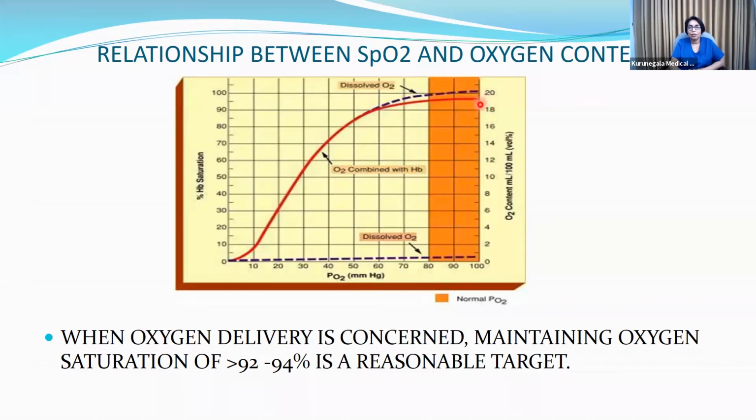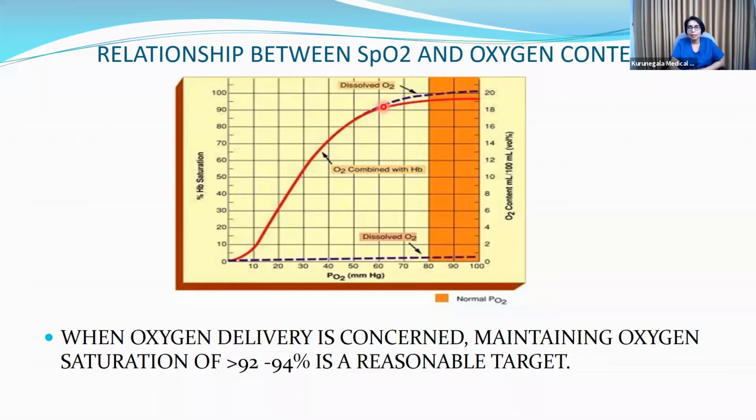So the difference between oxygen carried by the blood when it's 90% saturated and 98% saturated is just 1 ml. So that is the reason why we are targeting the saturation around 92 to 94, but not 98% or 100%.